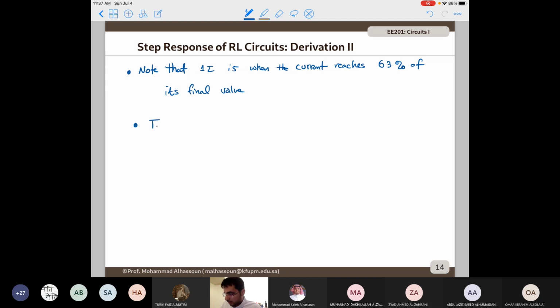Okay, so if I want to find VL, then in this case I need to simply differentiate. So I will end up with L times R divided by L, I naught minus Vs over R.